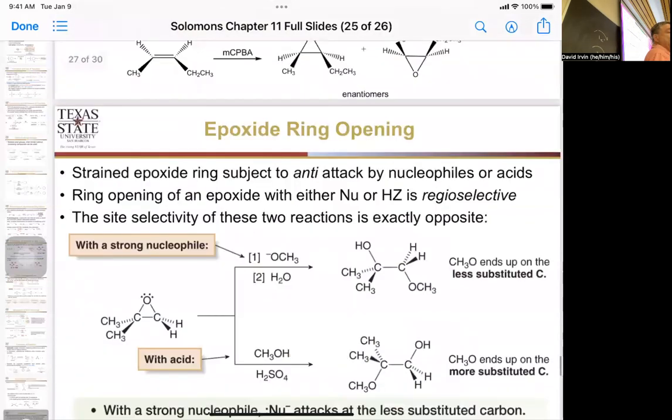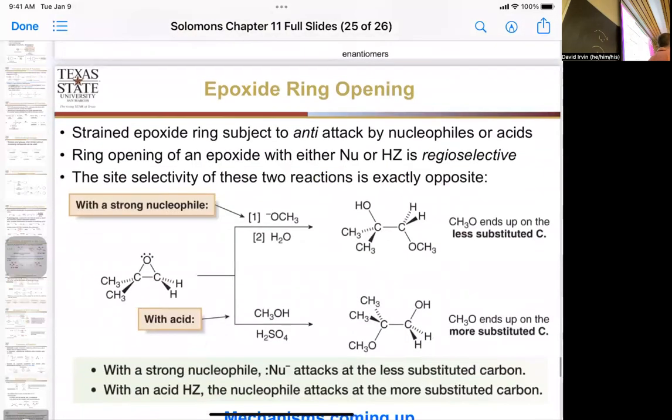All right, so now that we have our rings, what can we do with them? Well, it turns out we can do two different things. We can just have a good nucleophile, and that'll open it one way, or we can actually have an acid catalyzed with a not so good nucleophile. So let's talk about that.